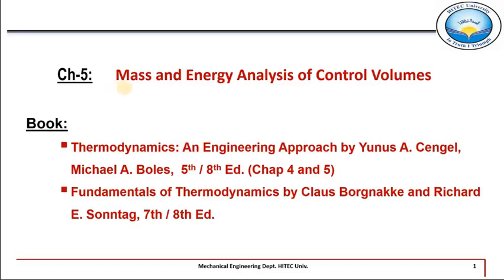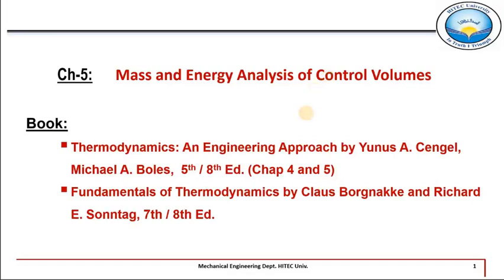Here we shall again be applying the first law, but not to a closed system but to control volumes. All the numerical problems which we shall solve in this chapter are related to control volumes, in which a fluid is continuously flowing across the system boundaries.